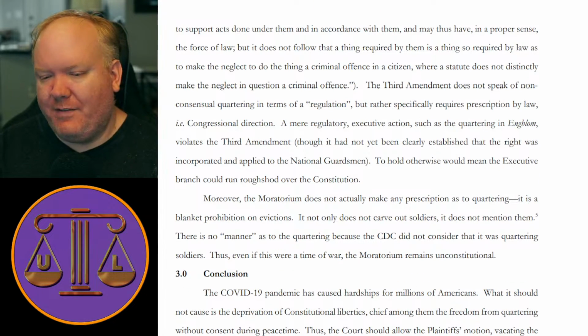If you want an easy example of the difference between law and the force of law, we can just use the present example. The state of Virginia or the state of Texas has passed a law that details how to go about getting evictions.